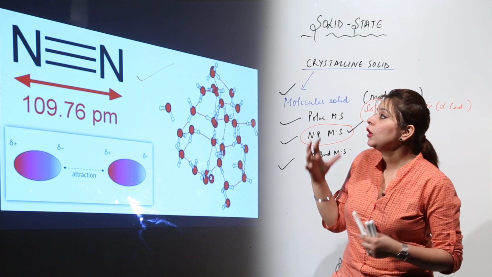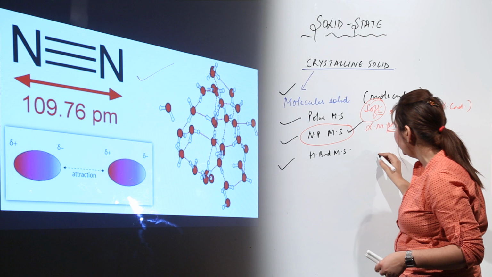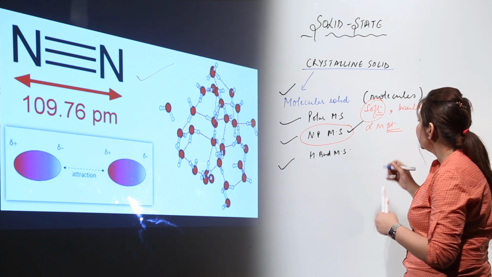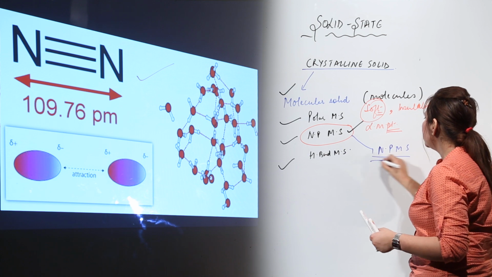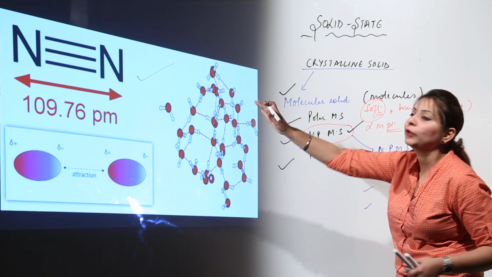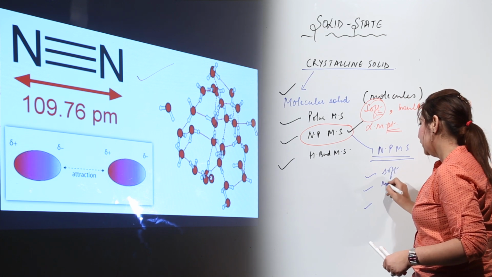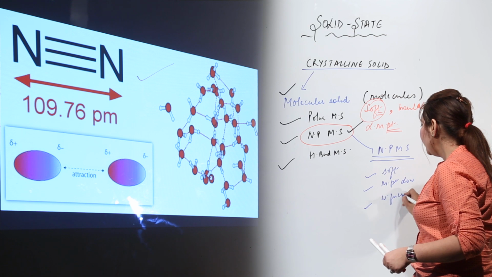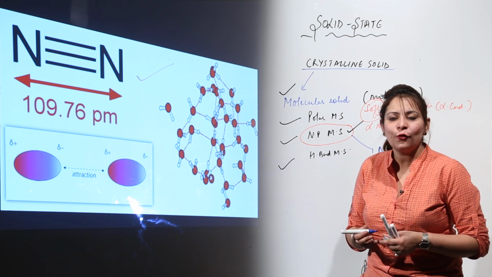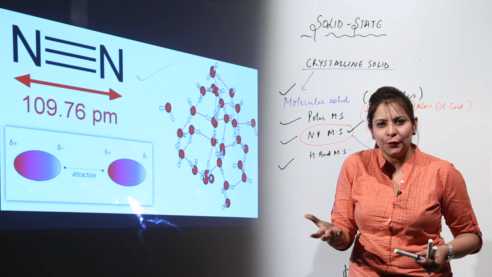Now if we talk about the properties of the non-polar molecular solid, what conclusion can I make by just looking at the bond? It is soft in nature, the melting point is comparatively low, and moreover the force is not so strong, because the force is stronger when charges are present.